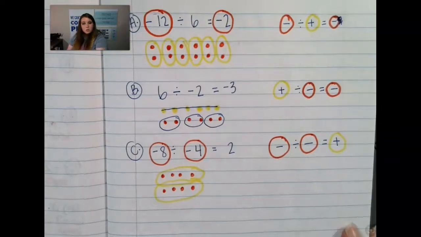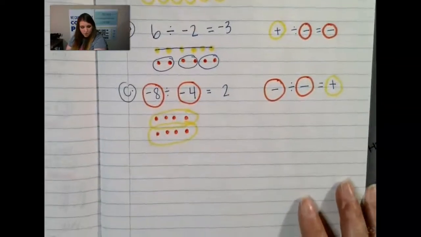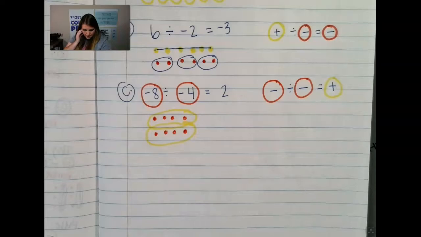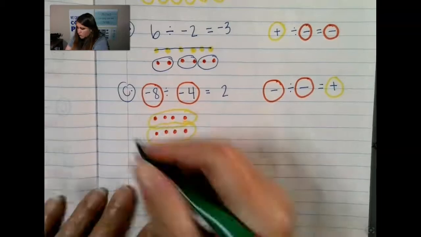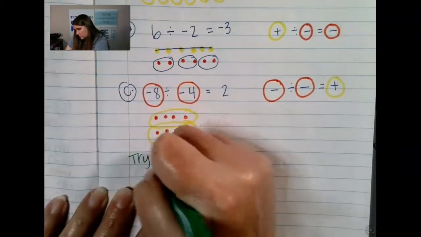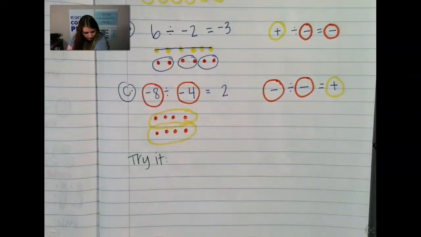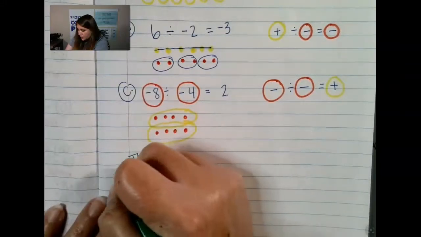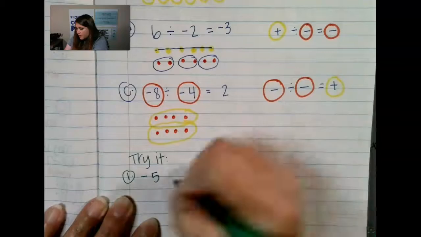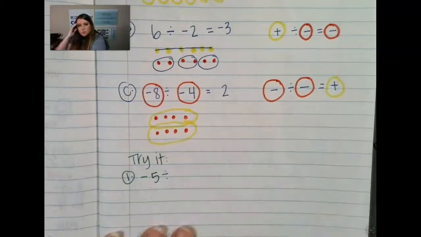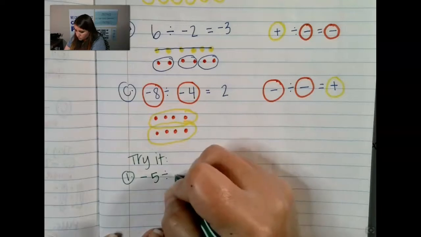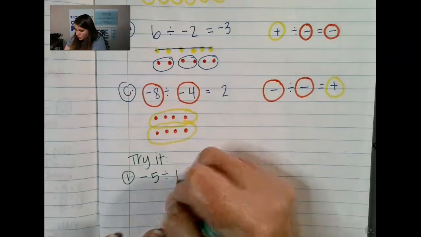Okay, I would like you to do a try it for me here. Try it: I have a -5 and I want to divide that into one equal group.